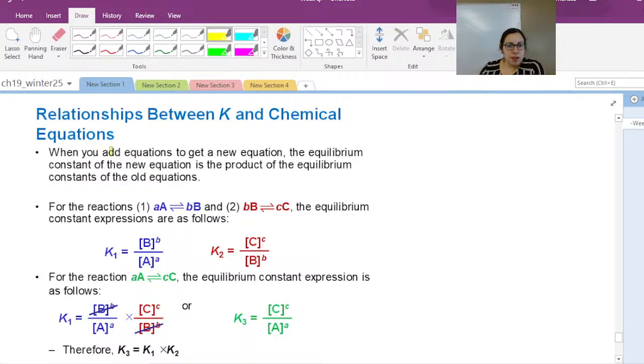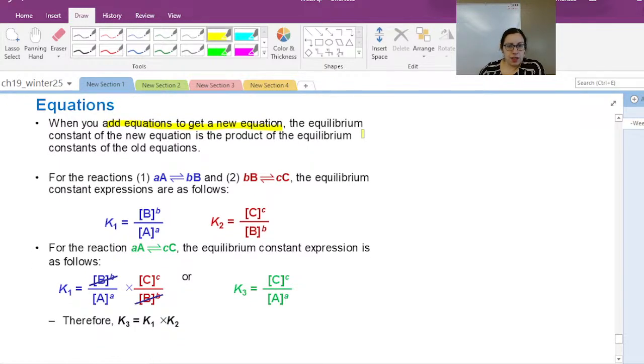And so let's say, right, we add 2 equations to get an equation. Then our equilibrium constant of our new equation is a product of the equilibrium constants of the old equations. And so it shows us the logic here. And so, right, let's say it's 2 steps.